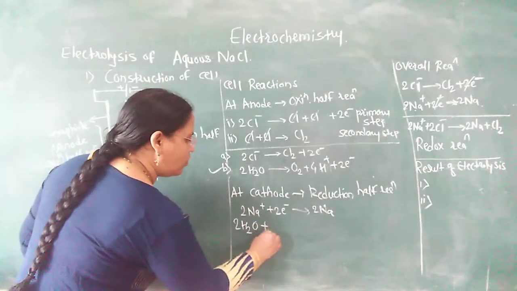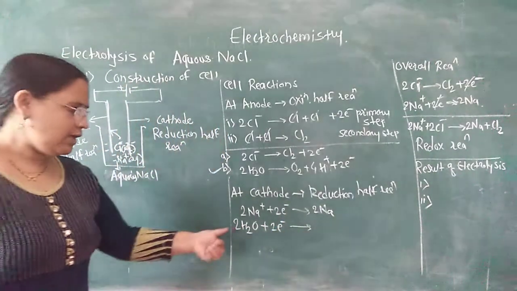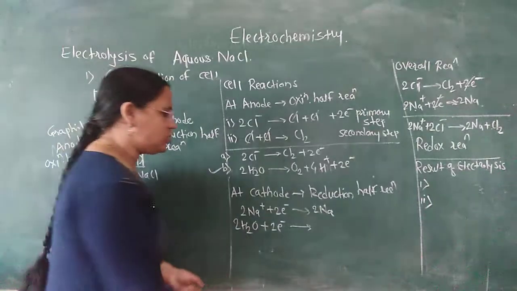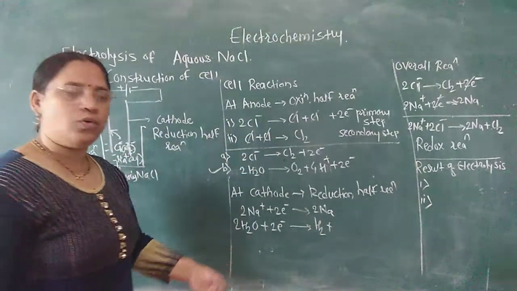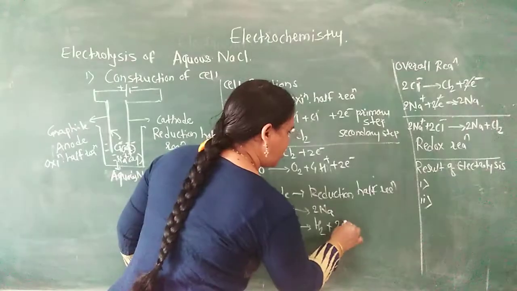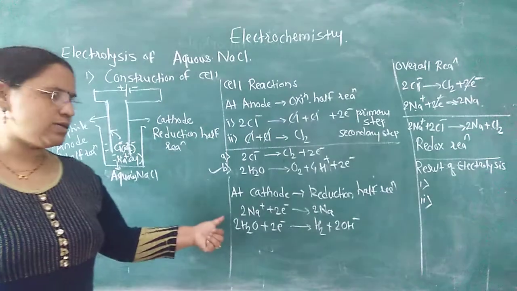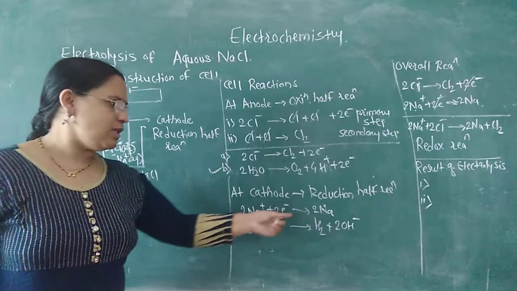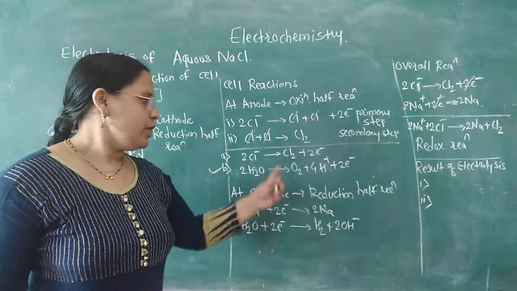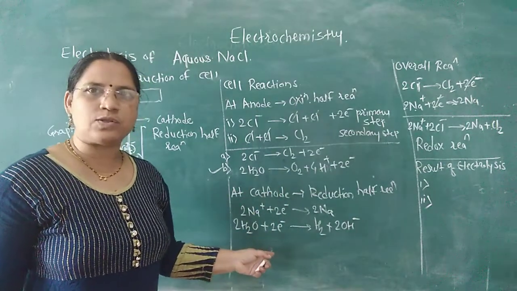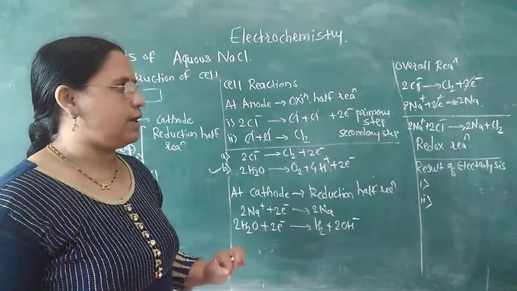Twice H2O gains 2 electrons and is converted to H2, hydrogen evolved, plus 2OH minus, 2 hydroxyl ions. So this is the reduction reaction which occurs at the cathode. Along with silvery white metal, hydrogen gas is also evolved at the cathode. So these are the cell reactions in the case of electrolysis of aqueous NaCl.